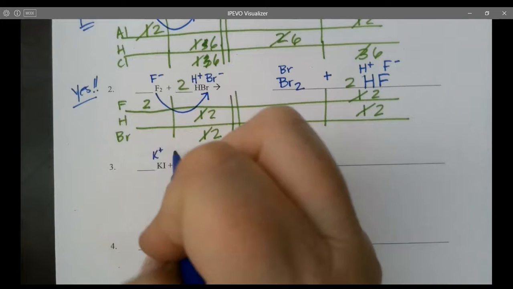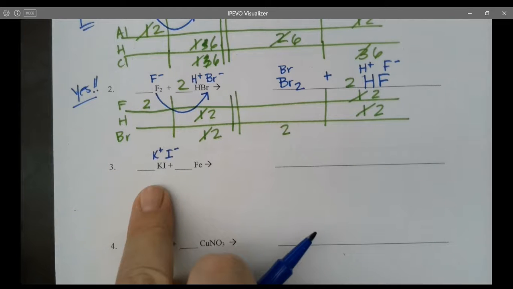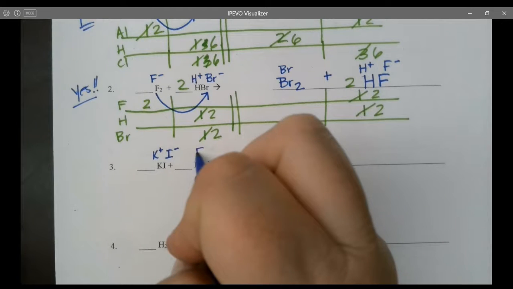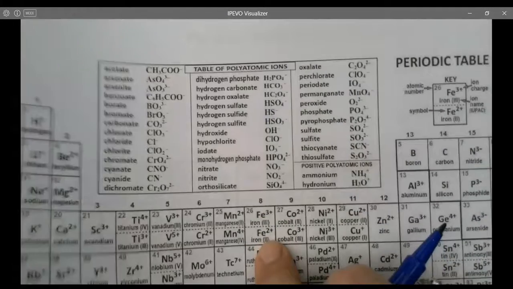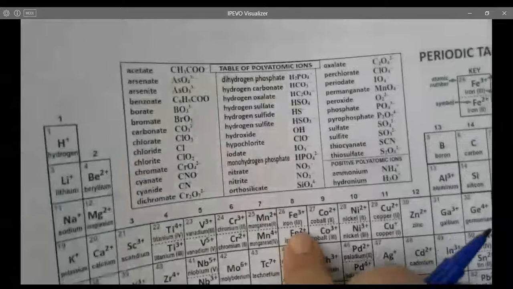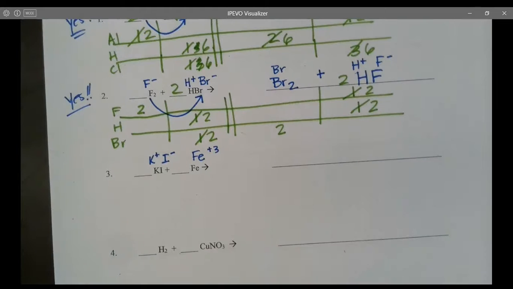So K is a +1, I is a -1, and Fe is actually a transition metal. It can be a +2 or +3. It really doesn't matter which one you pick when it's a single. You can pick the +3 because it's the top one listed. No big deal there. Okay.